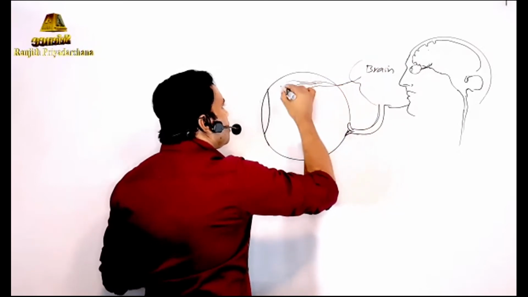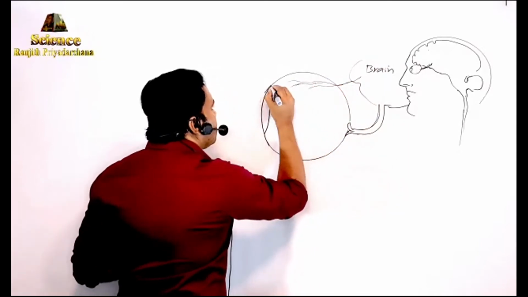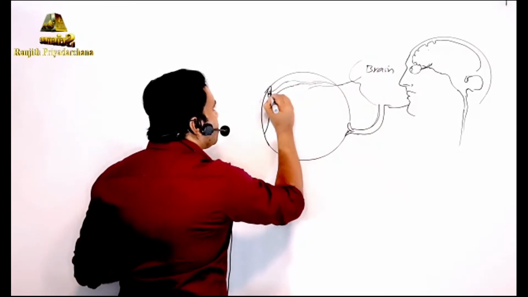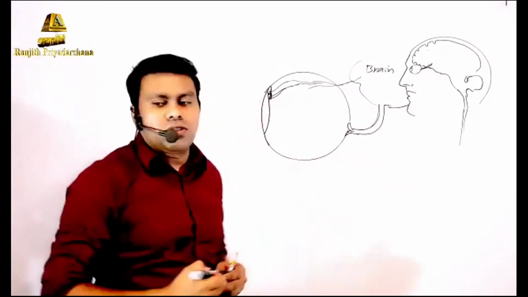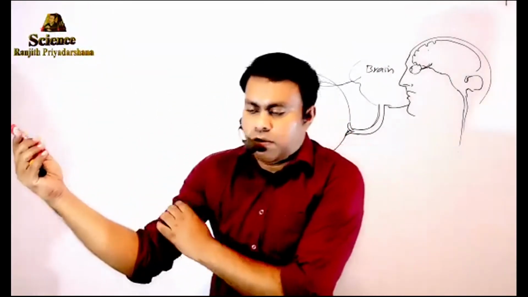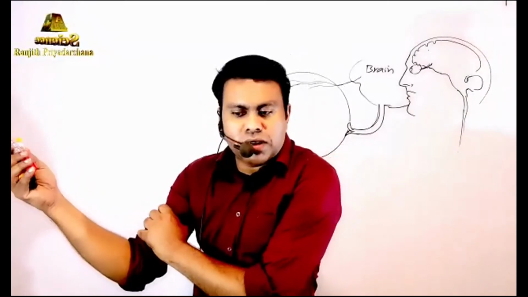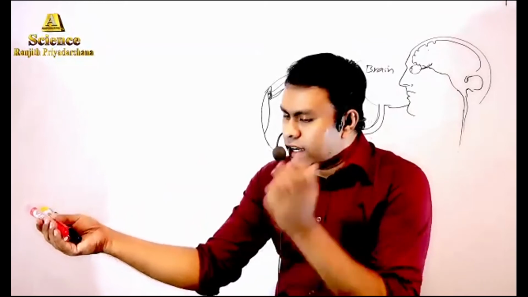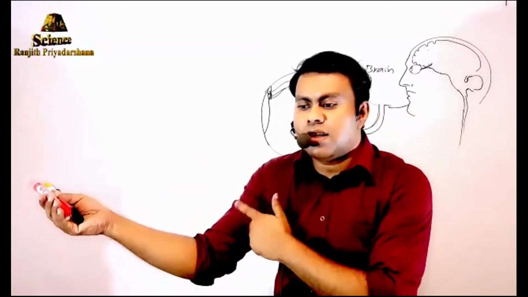That's nerve supply to these ciliary muscles. You know, all the muscles are connected with a nerve supply. Okay, there's a muscle here. When you want to raise your hand, your brain gives a signal to this muscle.